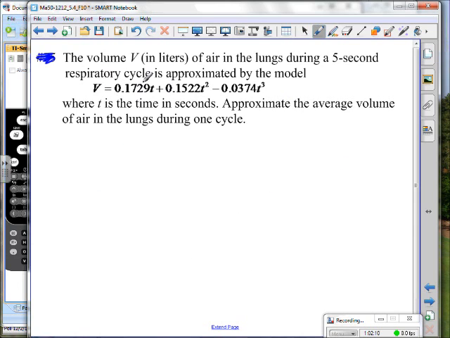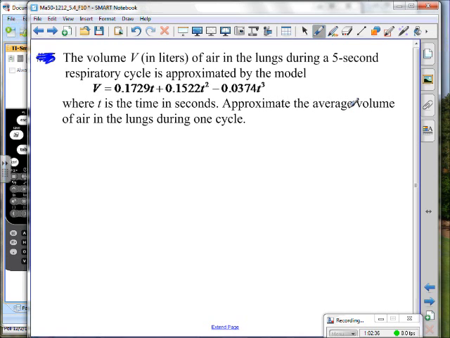Okay, so this is giving us the liters of air. So if you're thinking about your own lungs here, in a 5-second respiratory cycle, this is approximating the volume of the liters you have in your lungs, where T is the time in seconds. Approximate the average volume of air in the lungs during one cycle. So in 5 seconds, we're breathing in and out.